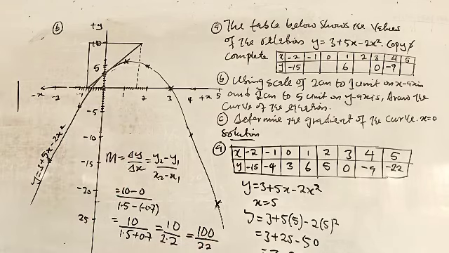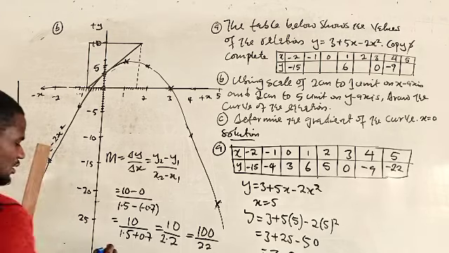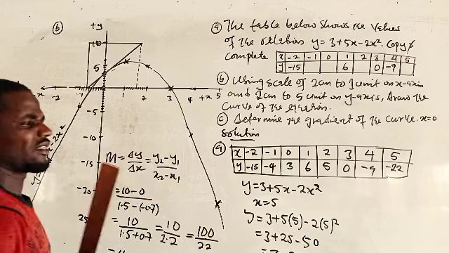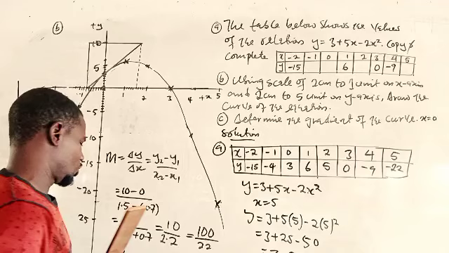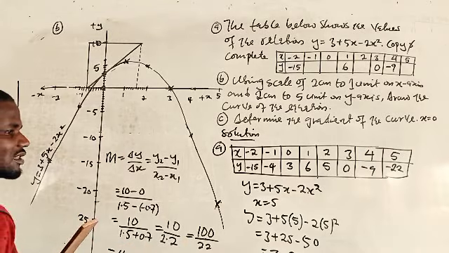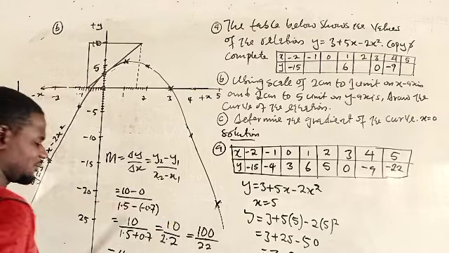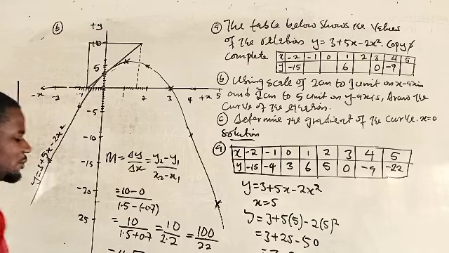So 100 divided by 22, how many 22s are in 100? I think it should be 4 times, and this is equal to 4 point... 22 times 4 is 88. That leaves 12, so 22 in 120 is 5 times. So this is 4.5, and that is the gradient approximately.